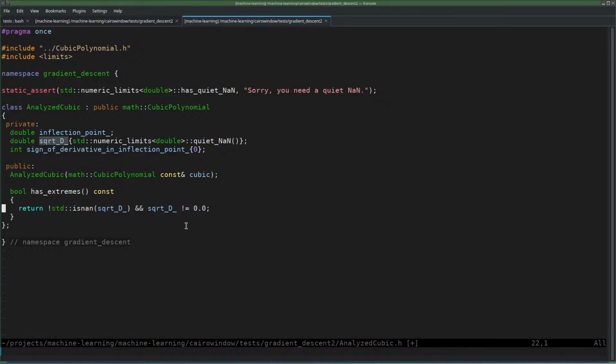Maybe I should leave it at not a number instead of setting it to 0. If the square root is exactly 0, then we have a curve like this. It goes up, and then it goes horizontal for one point, and then it goes up again.